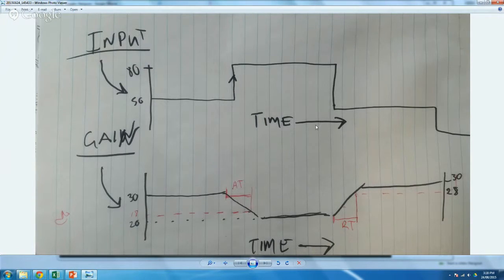So here's time going along, and this is the input level. The input level starts at 50 dB SPL, and then at some point the input level goes up. And then it plateaus for a while, and then it goes back down again, back down to 50. Okay, so that's the input level of the signal.